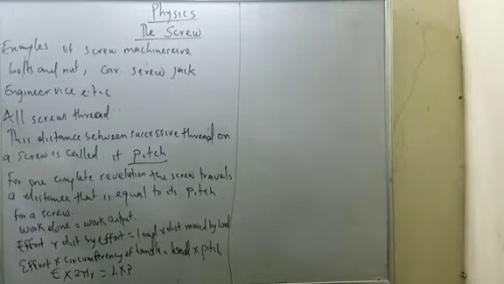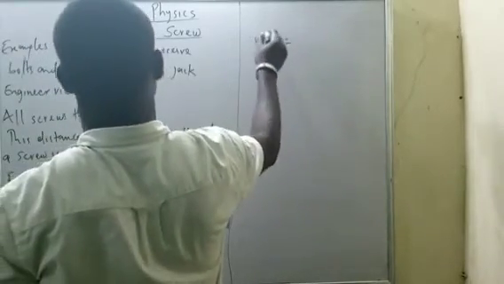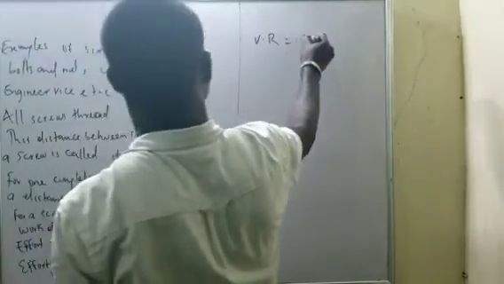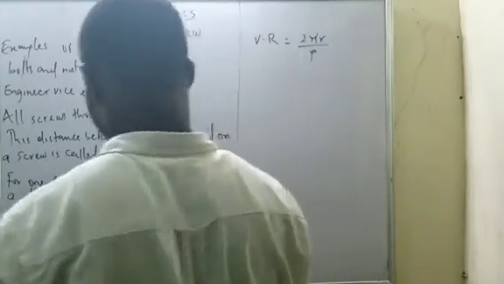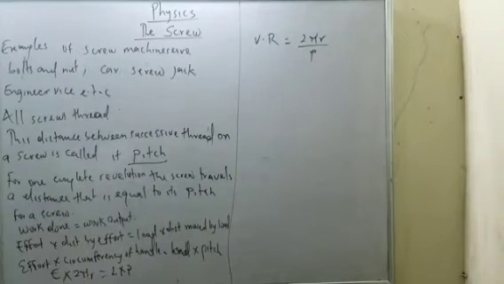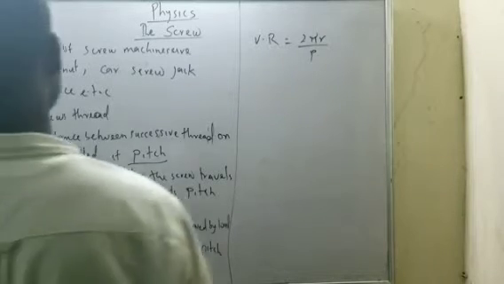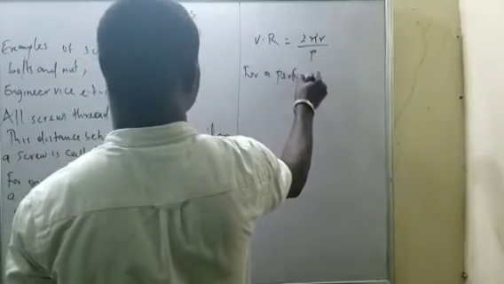Now, that is very, very important. It means VR equals 2 pi r divided by pitch.